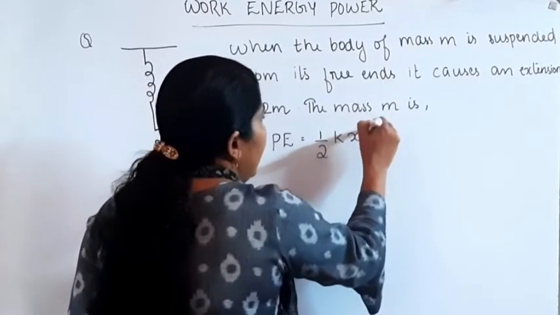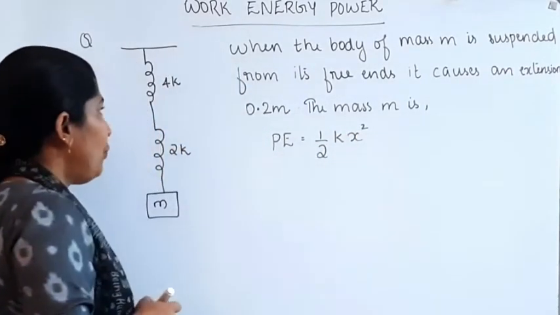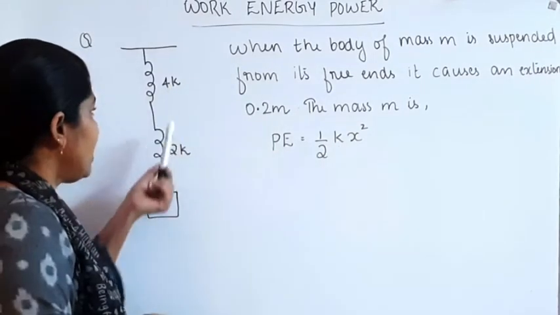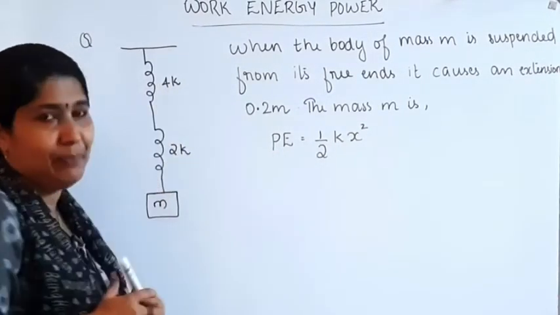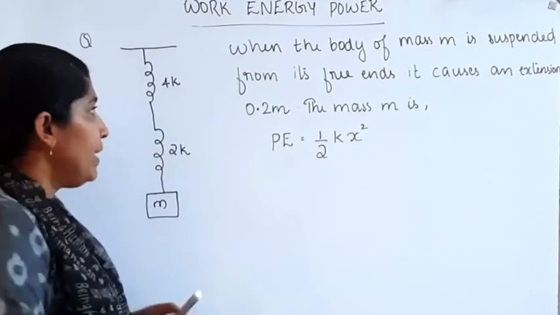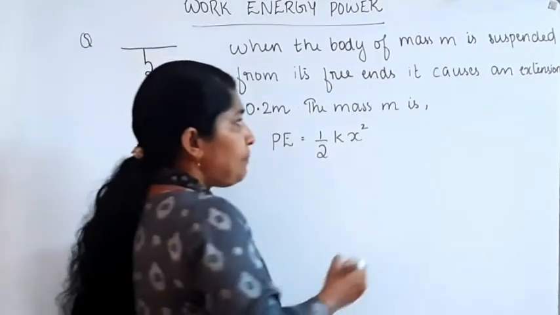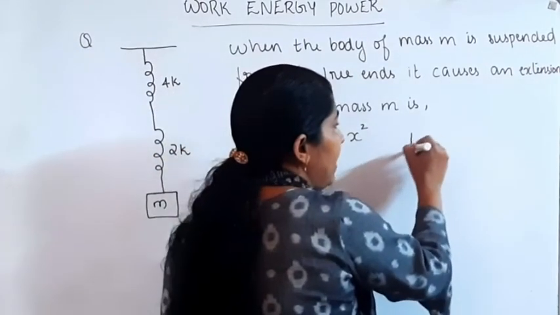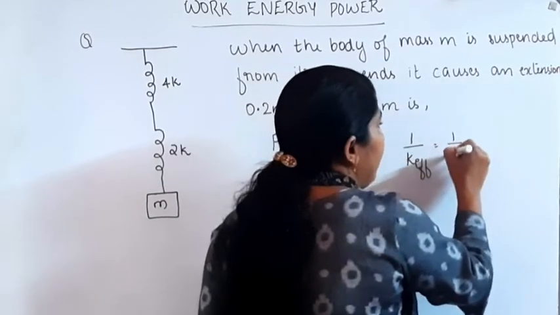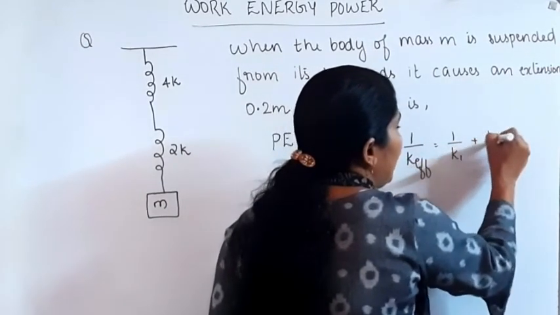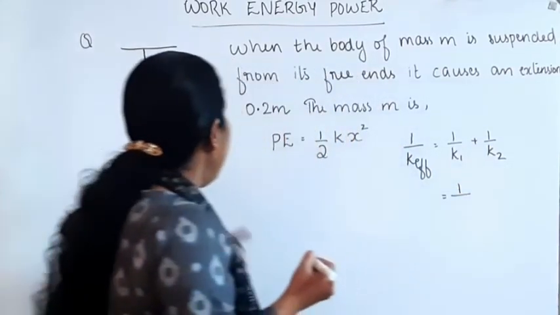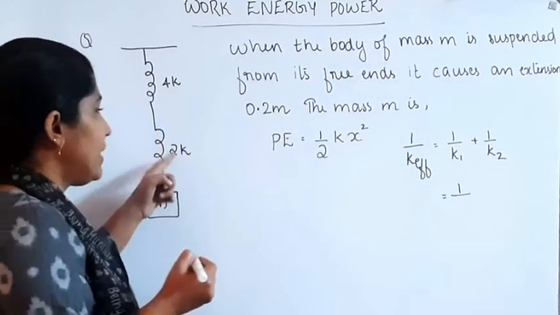Then here we want to find out the spring constant k, because these two springs are connected in series manner. In series combination, effective spring constant can be written as 1 by k effective is equal to 1 by k1 plus 1 by k2. Here k1 is equal to 4k and k2 is equal to 2k.